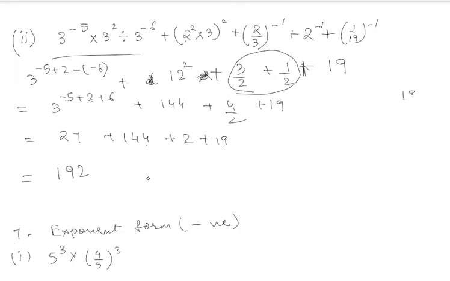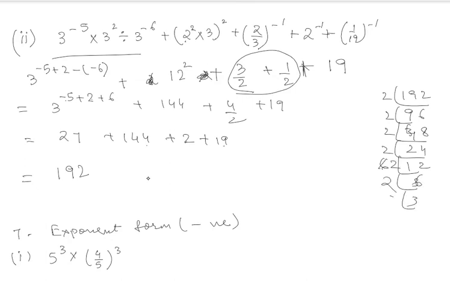So the exponent form for 192 will be done this way: 96, 48, 24, 12, 6, 3, 1. So 1, 2, 3, 4, 5, 6.